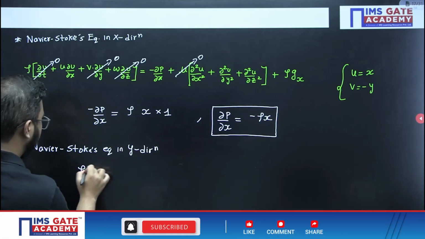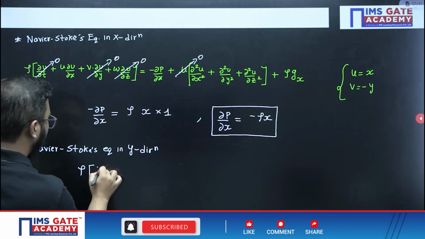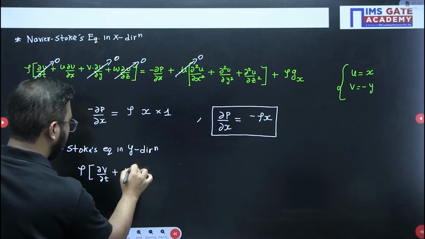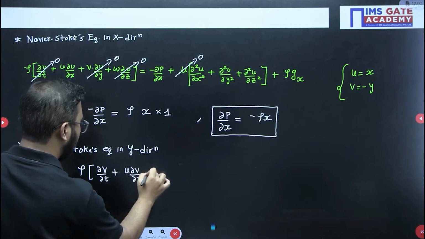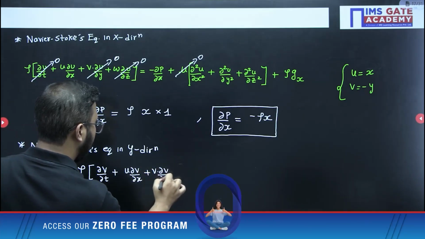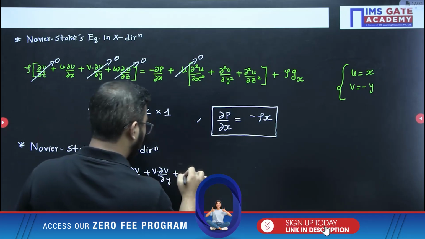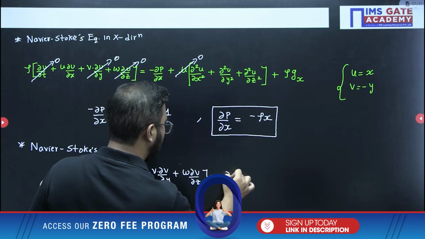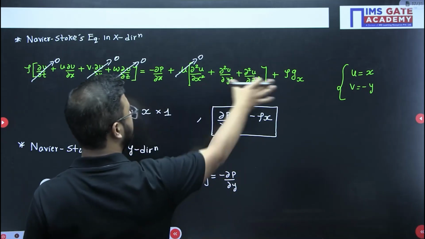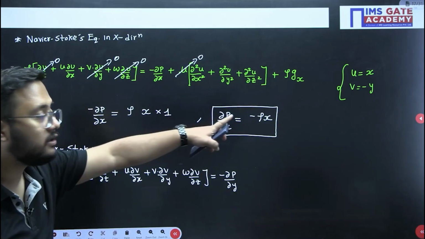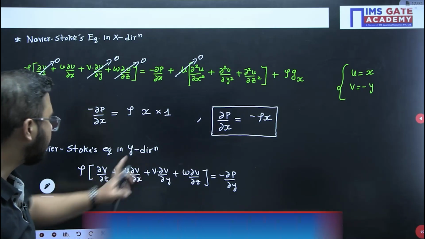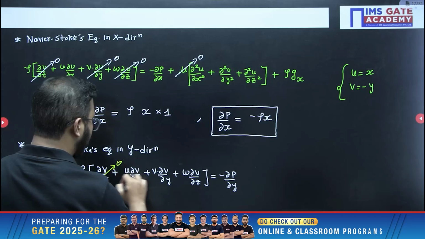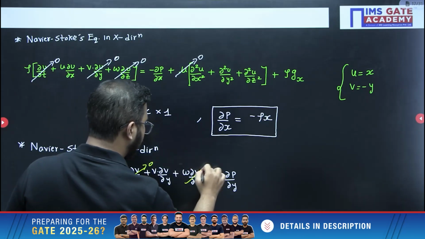Density rho, dou v by dou t, plus u dou v by dou x, plus v dou v by dou y, plus w dou v by dou z, equals minus dou p by dou y only, because the viscous and body force terms we don't need to consider. Now, v value is minus y. Is there any x and z component? No. There is no time component also, so those terms will be 0.